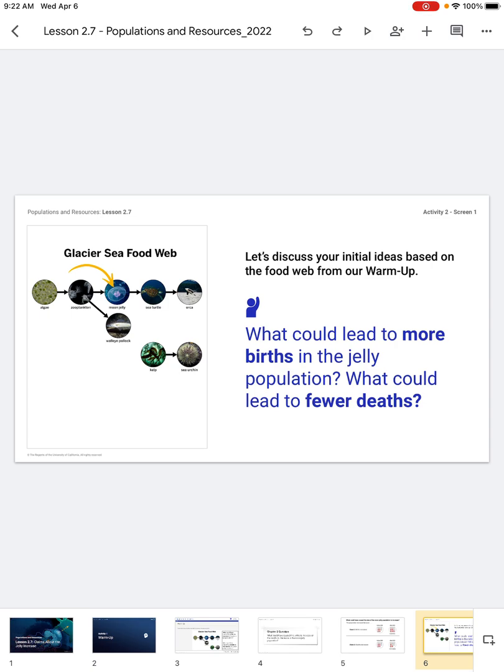As far as what could lead to fewer deaths, the only thing is if there were fewer sea turtles. If there were fewer sea turtles, then they don't need to eat as many moon jellies. The sea turtles don't require more ESMs, and so they would not eat as many moon jellies and there would be fewer deaths. All right, so we're going to model that.